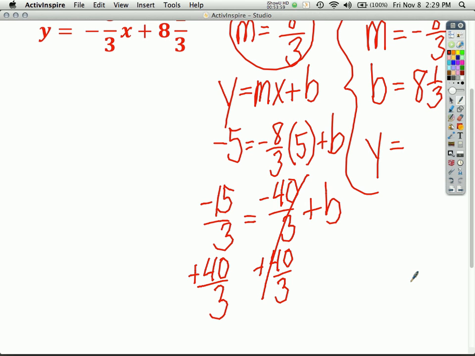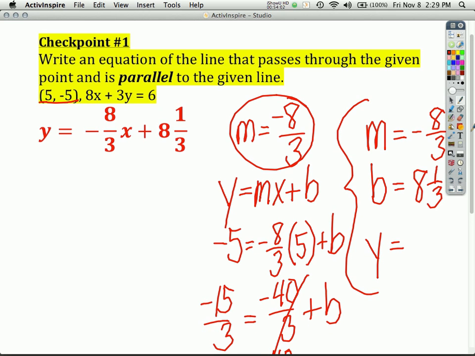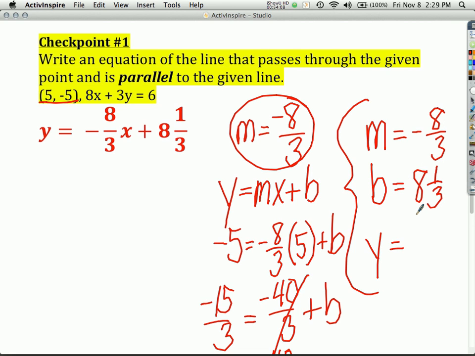The only number that has to be improper is the slope. You can make this improper or a mixed number. Either way is fine. The only number that may not be like this is a slope. Okay?